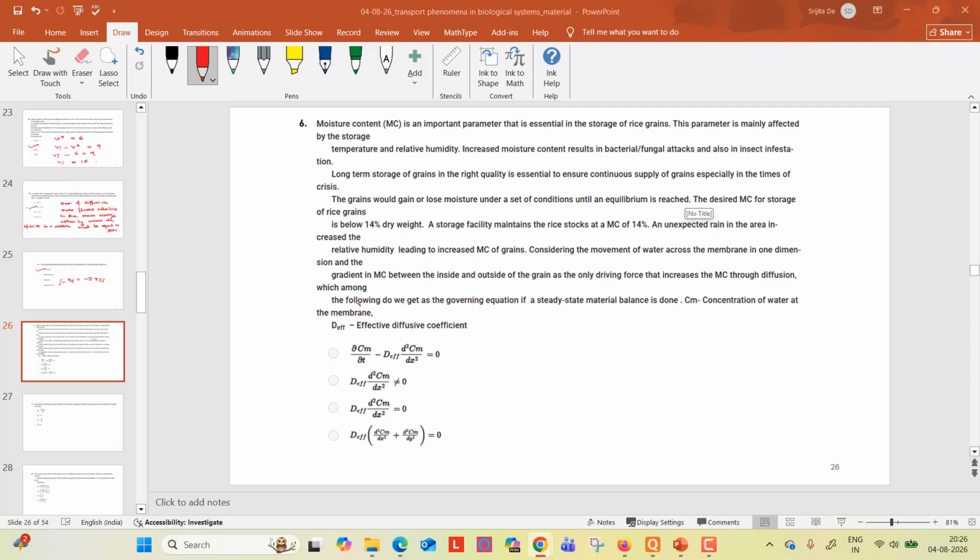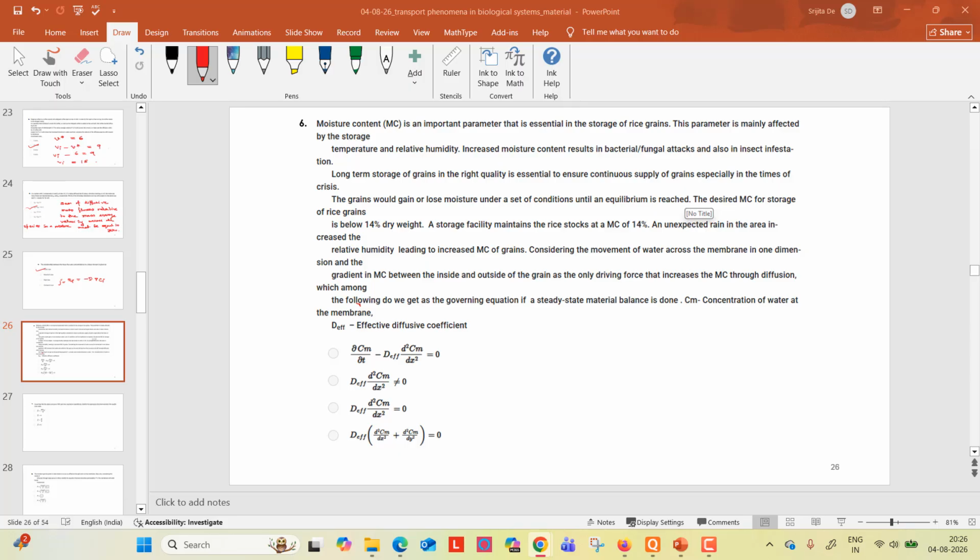Considering the movement of water across the membrane in one dimension and the gradient of MC between the inside and outside of the grain as the only driving force that increases the MC through diffusion, which among the following do we get as the governing equation if a steady state material balance is done? Cm is the concentration of water at the membrane, D effective is the effective diffusive constant.